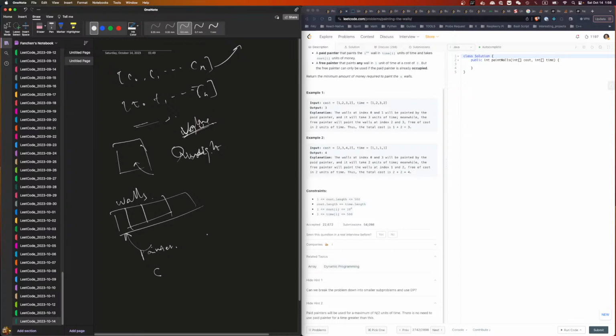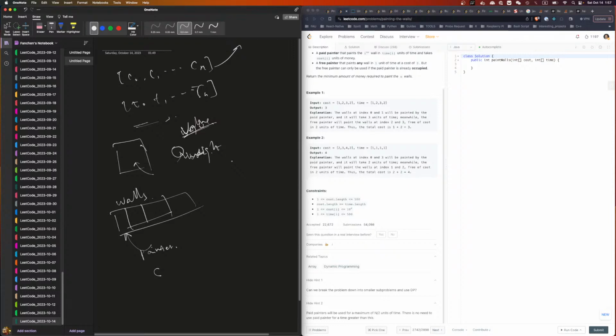Which means, like I said, it's like at each point, do you paint it or not paint it? That's just knapsack, right? And in knapsack, if you take this, you will incur a cost, or you will add a value, and then we want to know what is the max previously, right?